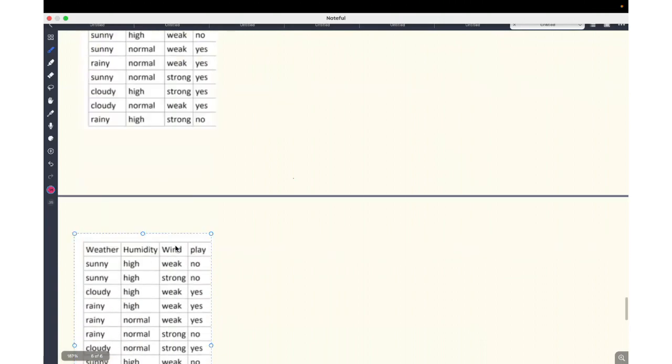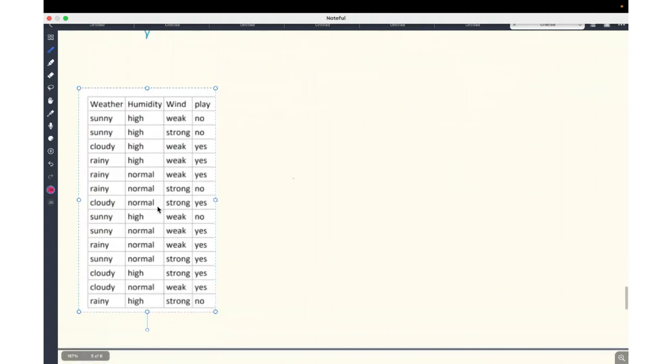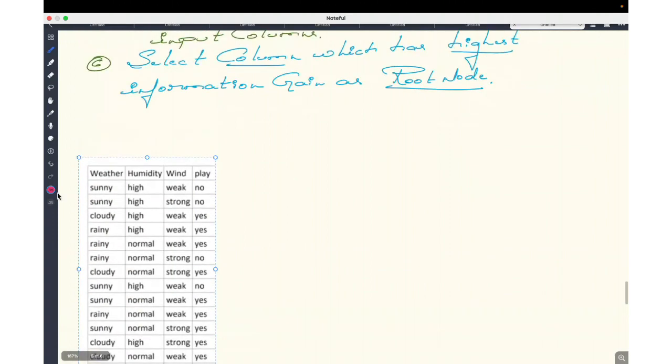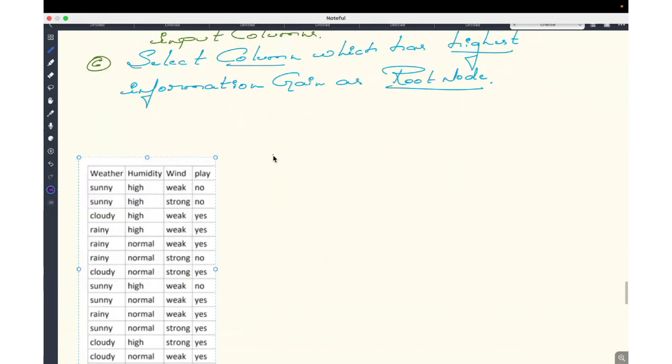Okay. So I'll just write the problem statement.